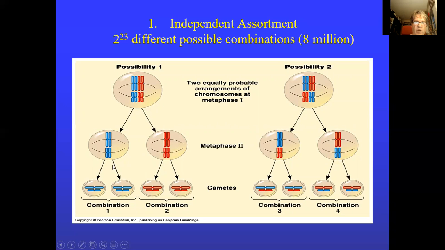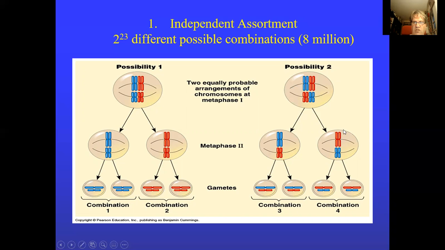Then you go through meiosis 2 and you get haploid cells which have just paternal chromosomes or just maternal chromosomes. Or, for a simple organism like this, the chromosomes could line up the other way, so now you have paternal and maternal lined up on one side and maternal and paternal lined up on the other side. So when you go through metaphase 2, you end up with these variations.